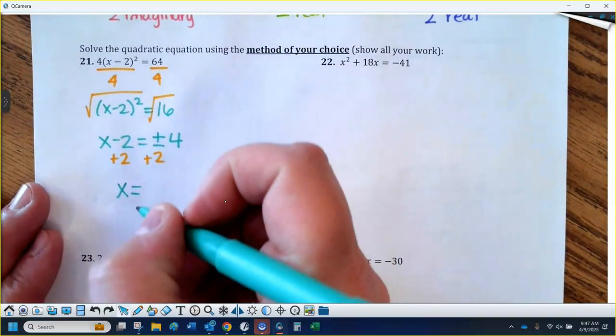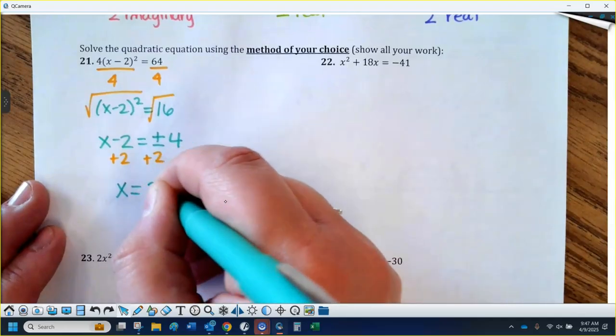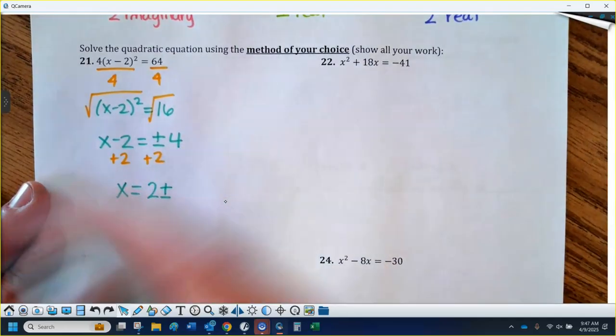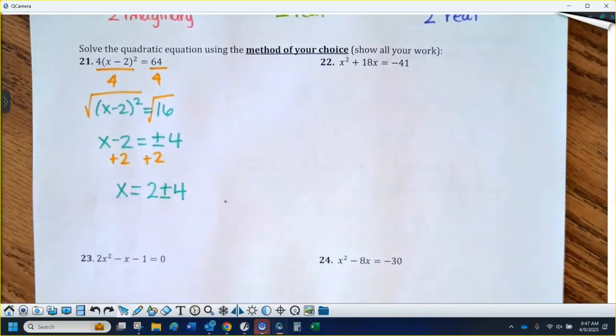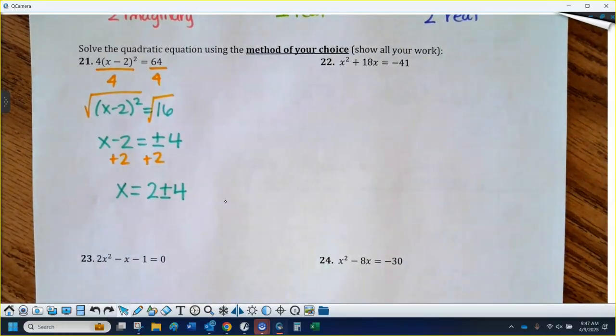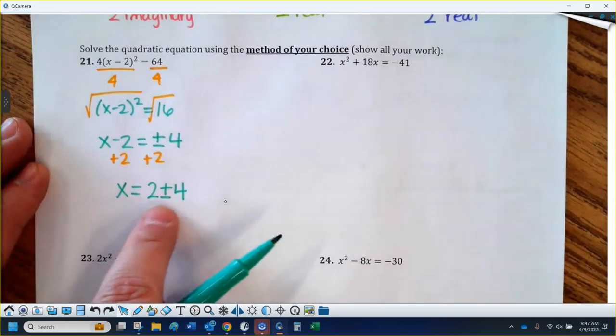Now, this question we can take a little bit further. So I have 2, and just scooch that plus or minus over, plus or minus 4. Okay, now, I see no radical. I see no I in this. So that means we can actually combine some like terms here and add or subtract. So remember, this symbol is just a shorthand way of writing 2 different answers.